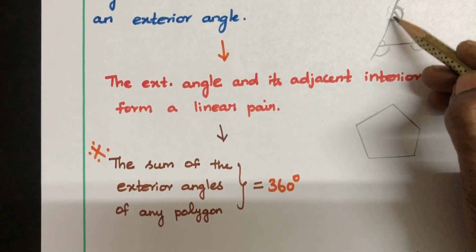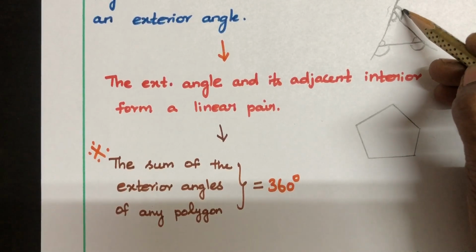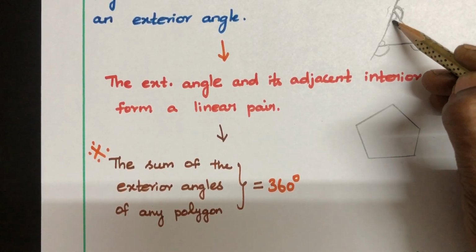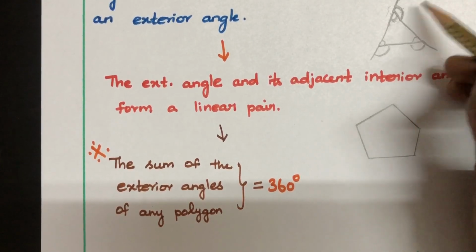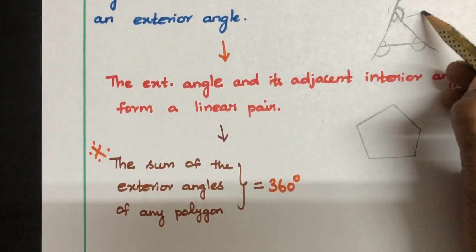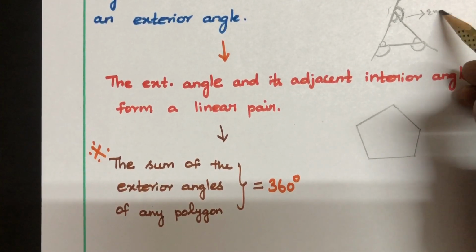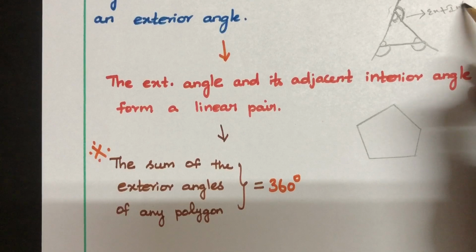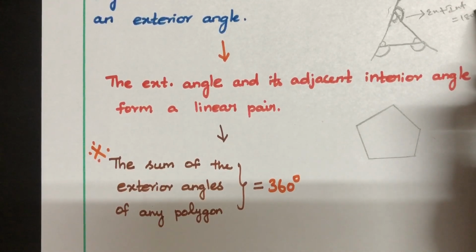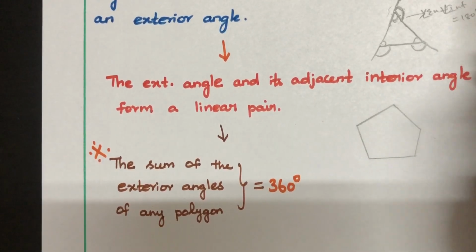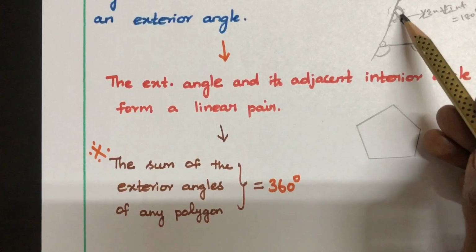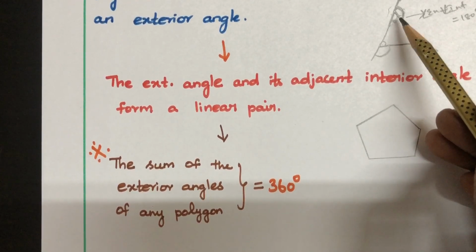That means the addition of this exterior angle and this interior angle is always 180 degrees, right? Angle exterior plus angle interior equals 180 degrees, because these two form a linear pair.